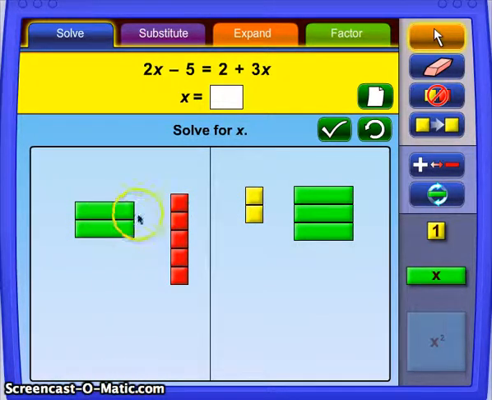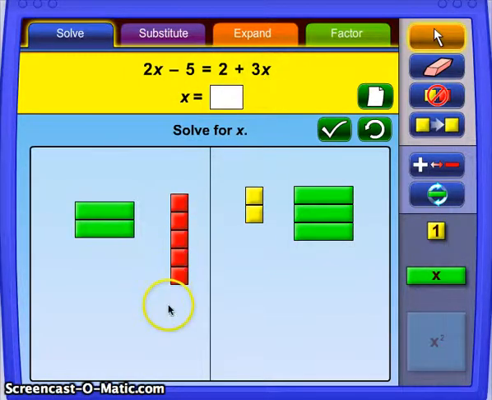So we're going to be moving these 2 x's over to the right side. In order to remove these 2 x's, what we're going to be doing, equation-wise, is to subtract 2x from this side and subtract 2x from the other side, because we know what we do to the left, we have to do to the right to keep the equation balanced.